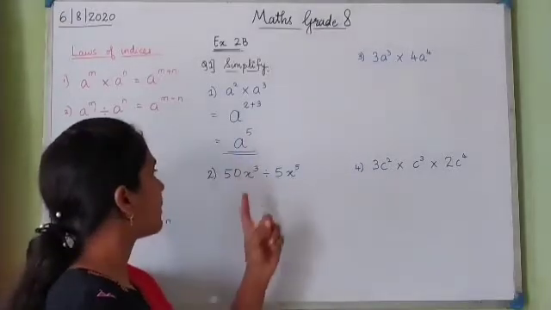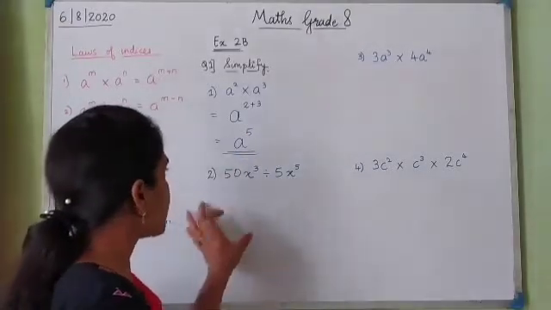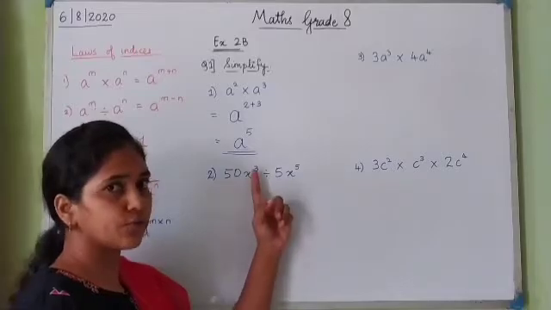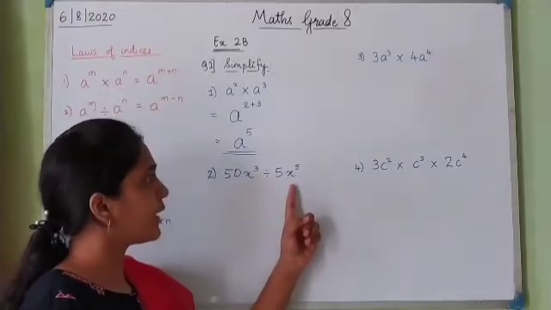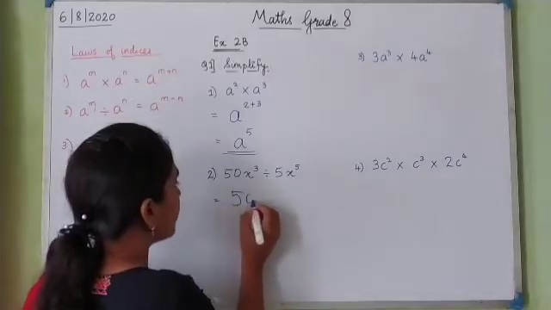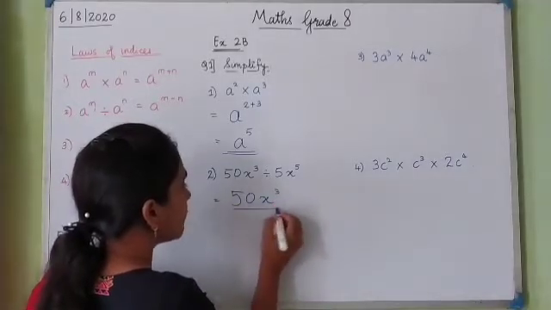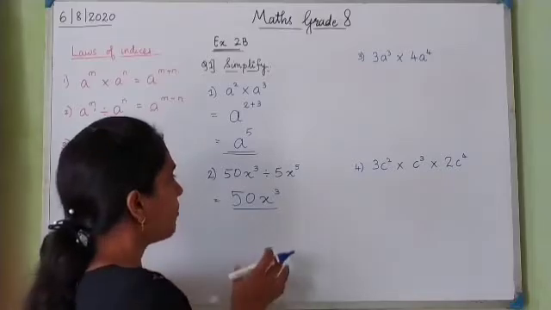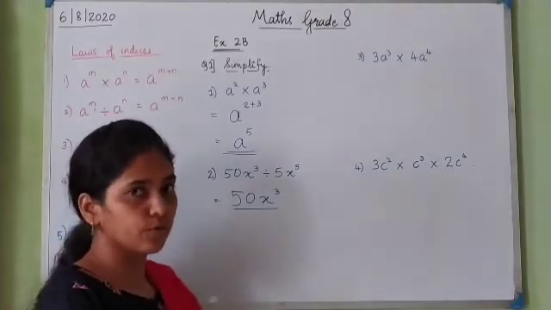Okay, this was simple. Now we go to the second example. The second example is 50x raised to 3 divided by 5x raised to 5. We have done these sums in the previous chapter, but we are just having a revision of those, okay?